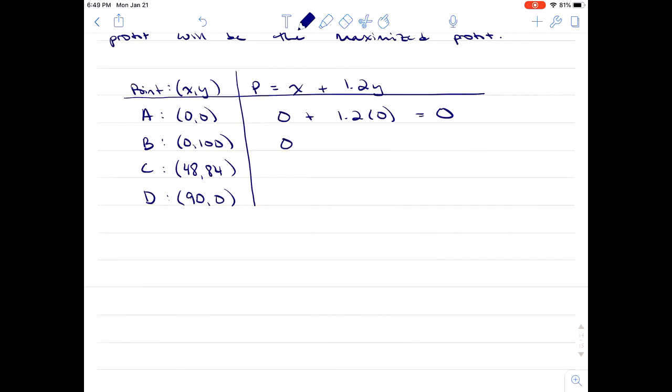For B, x is 0 plus 1.2 times 100, since y is 100. That gives us a profit of 120. For C, x is 48 plus 1.2 times 84, which I've just got here, is 148.80.